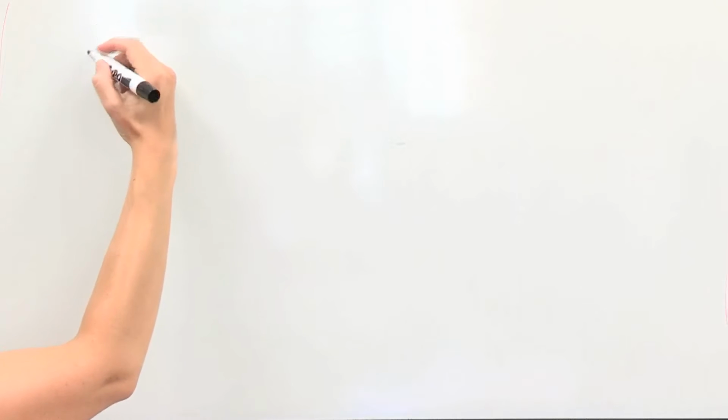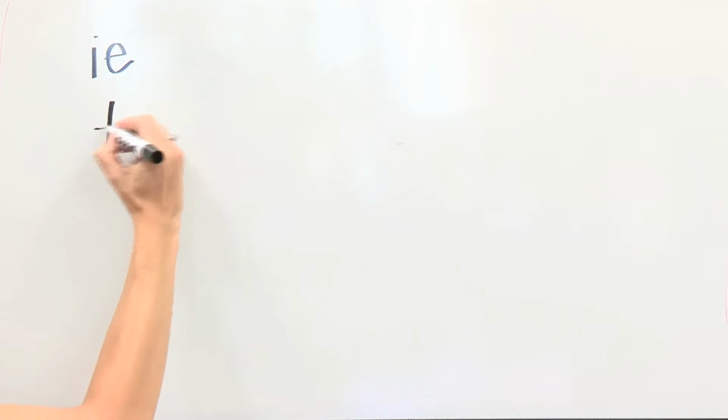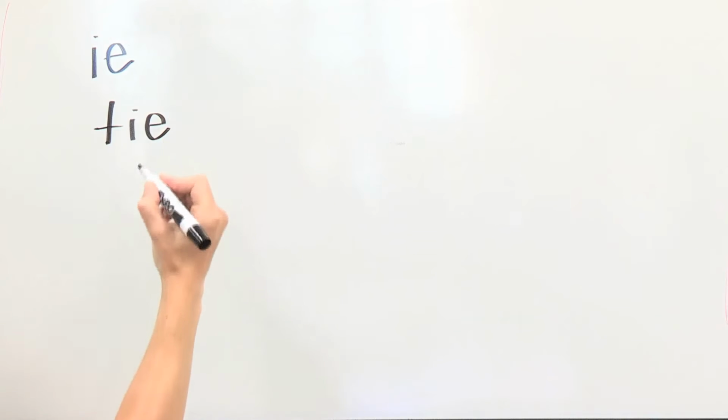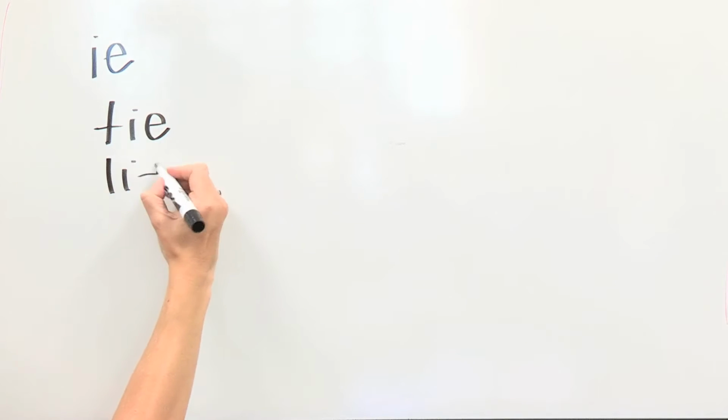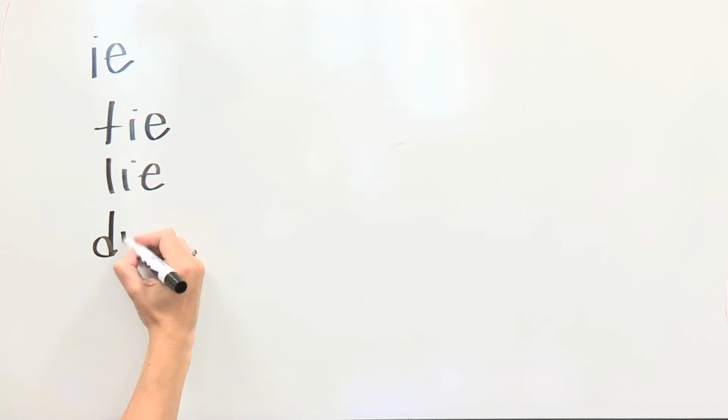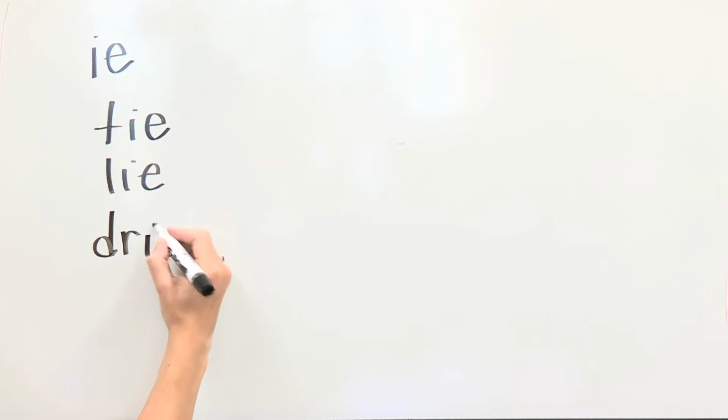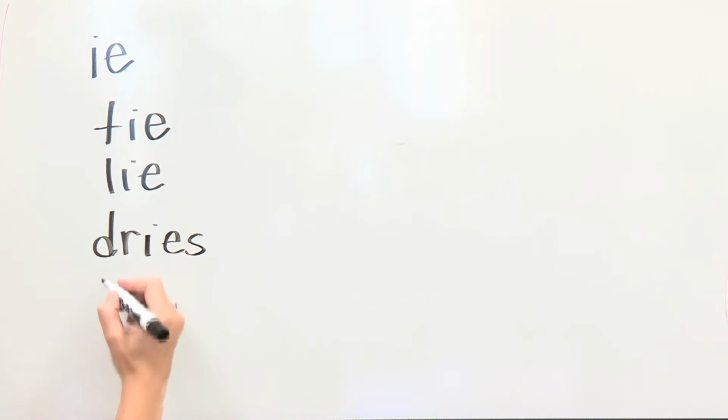And then let's go through some patterns. The next one is IE. You might recognize this one. This grapheme also makes a long I phoneme. And then if you wanted to, we can get into the plural form of words.